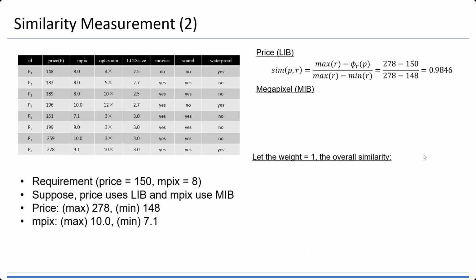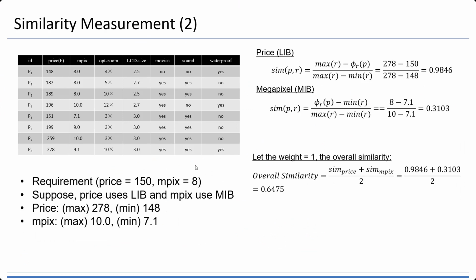So we can calculate. For the price, this is the similarity 0.98. And for the megapixel, this is the similarity. In order to check the overall similarity, because we have the price and the megapixel, let's assume that the weight is 1 for every attribute.